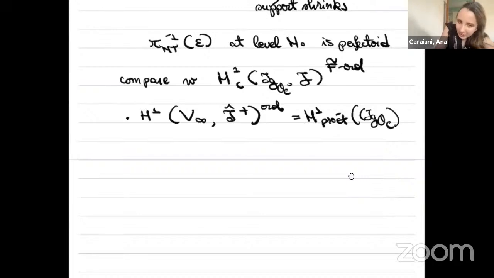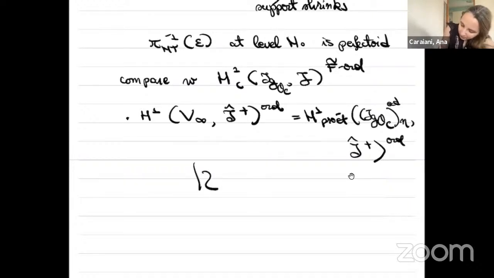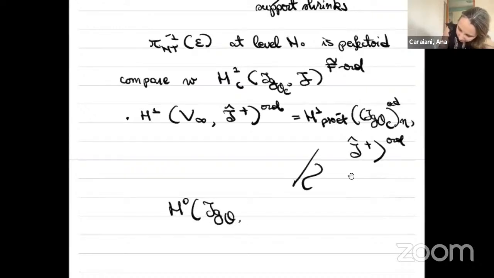The Igusa variety base changed to OC, take the adic generic fiber, and then coefficients in I hat plus, and then taking ordinary parts here. And it turns out that this part can be shown to be isomorphic to H0 of the formal scheme with coefficients in this and with the renormalized UP operator.